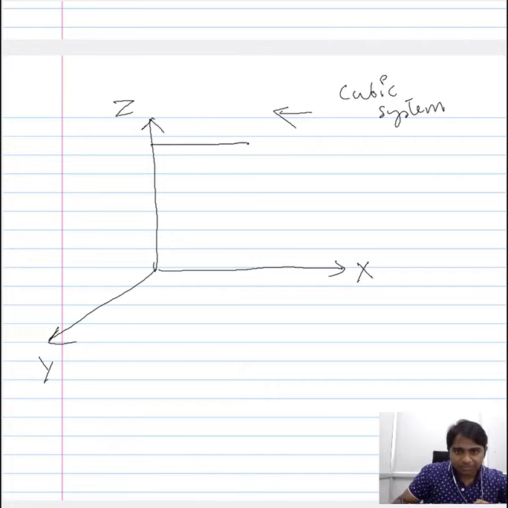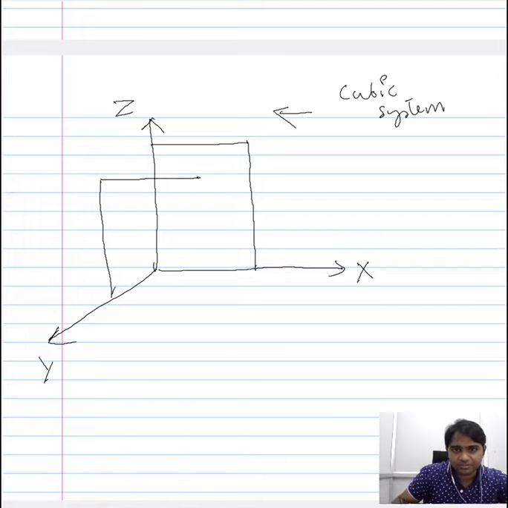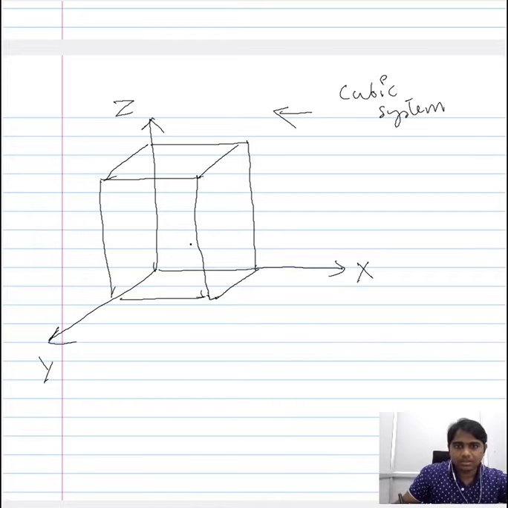Now this frame of reference, this particular unit cell, is quite different from the cubic one, both in the lengthwise dimension and also in the angular dimension rather. So this is the unit cell that we are now focusing on. Let us assume the dimensions of this unit cell to be A along the x-axis, B along the y-axis, and C along the z-axis.